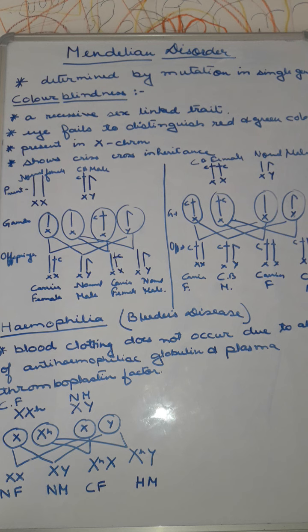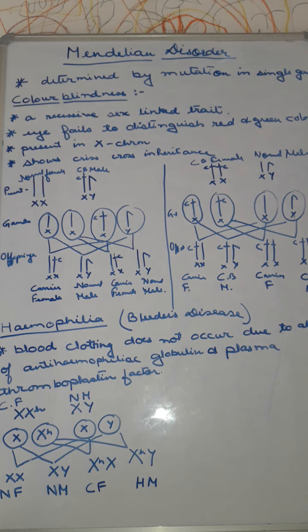It is very rare in females. Moreover, this type of disease shows crisscross inheritance. Crisscross inheritance means the transmission takes place from father to daughter to the son, or from mother to son to the daughter. That is called the crisscross pattern of inheritance.